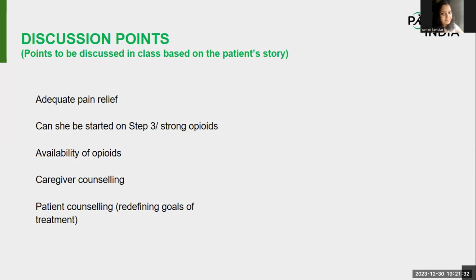And also with radiation, she may have certain amount of mucositis that can also precipitate secondary bacterial infection. So to avoid that, she has salt and soda gargles that will help prevent mucositis.